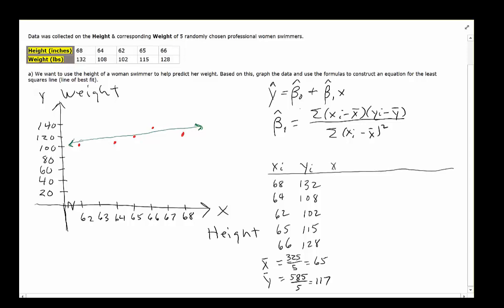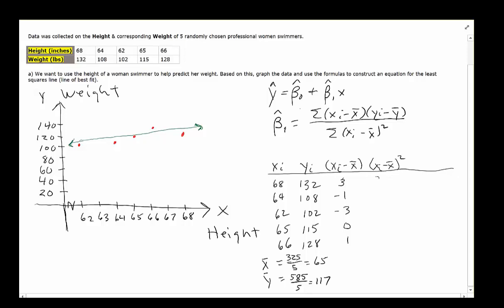So if I calculate my x sub i minus x bar values, I'll get 68 subtract 65 would be 3. 64 subtract 65 would be negative 1. 62 subtract 65 would be negative 3. 65 subtract 65 would be 0. And 66 subtract 65 would be 1. Next, I'm going to get my x sub i minus x bar squared.